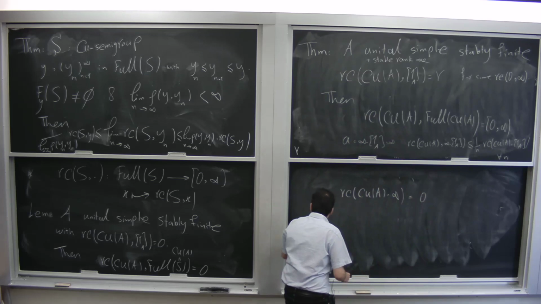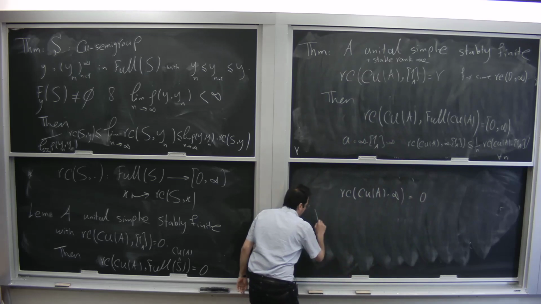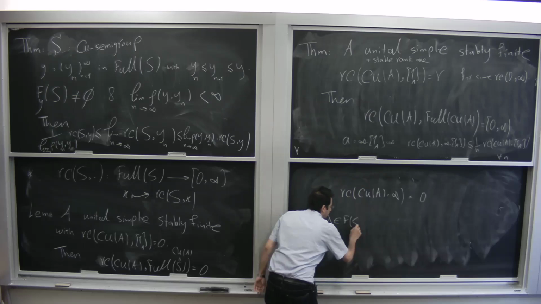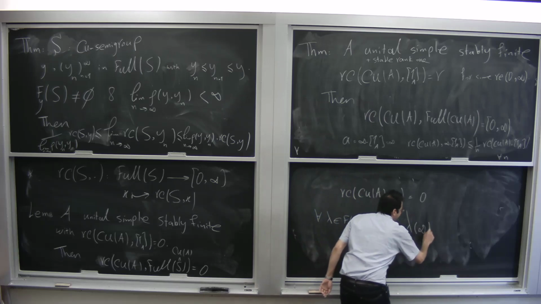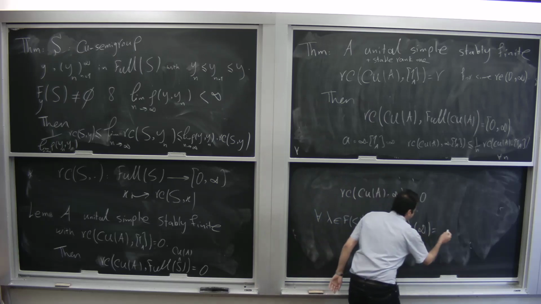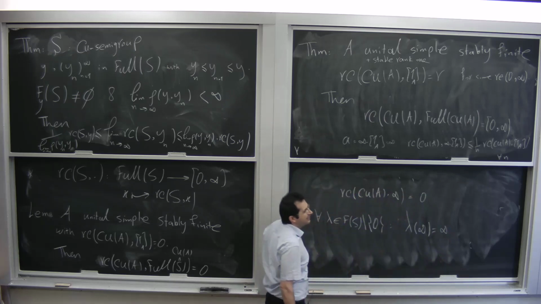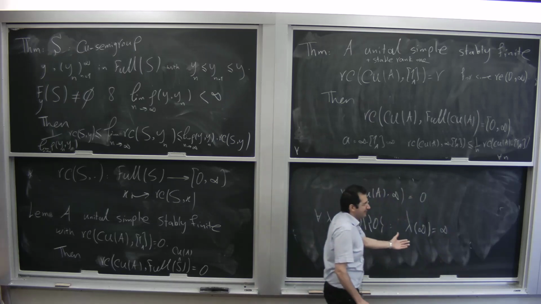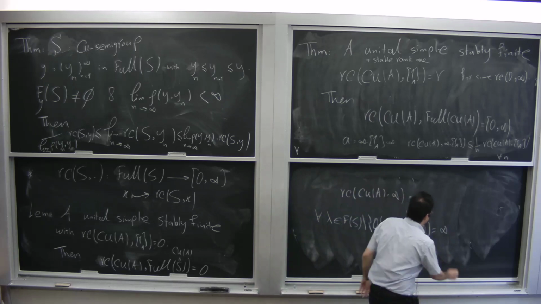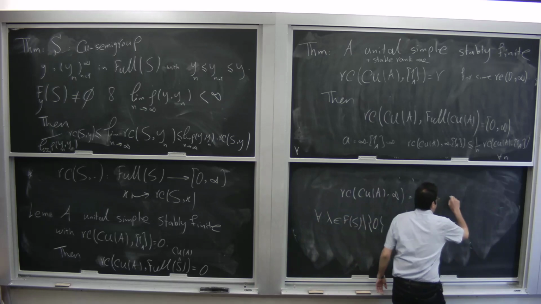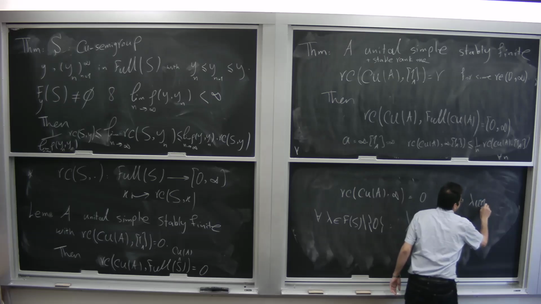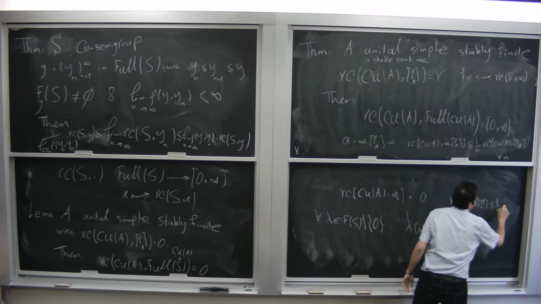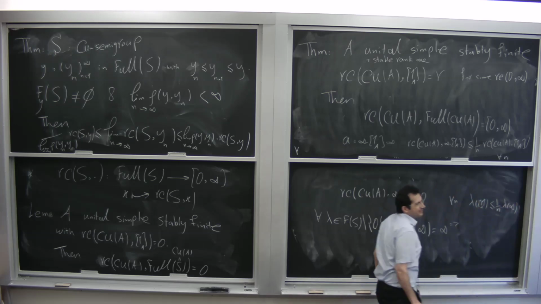And the proof is also pretty easy, because for any non-zero functional, lambda of infinity is going to be infinity. Therefore this implies that for any n, lambda of identity is less than or equal to 1 over n lambda of infinity.